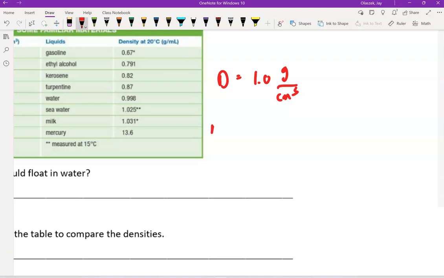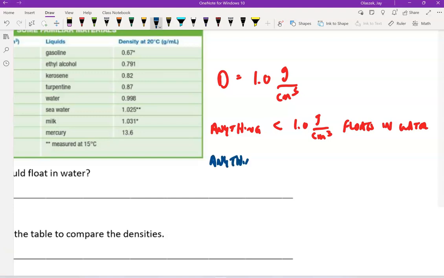What we noticed is that anything that has a density of less than 1 gram per cubic centimeter floats in water. Pretty good test, right? Our cork floated in our water, but anything that has a density greater than 1 gram per cubic centimeter, we would say sinks in water. Our acrylic cube, our brass cube, all of those things would sink in water.